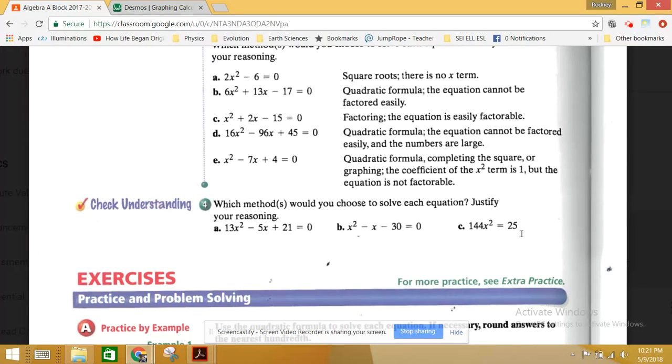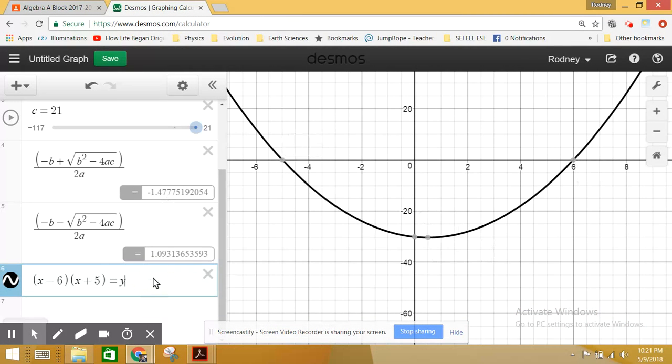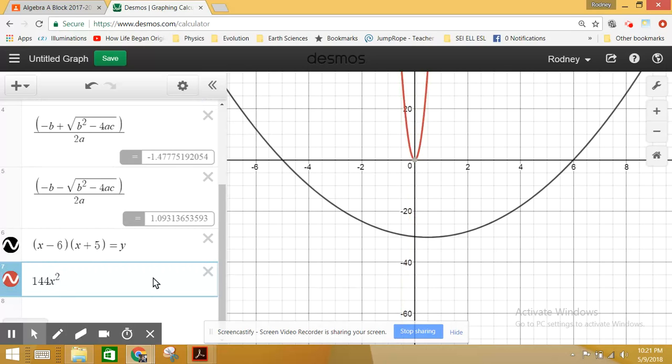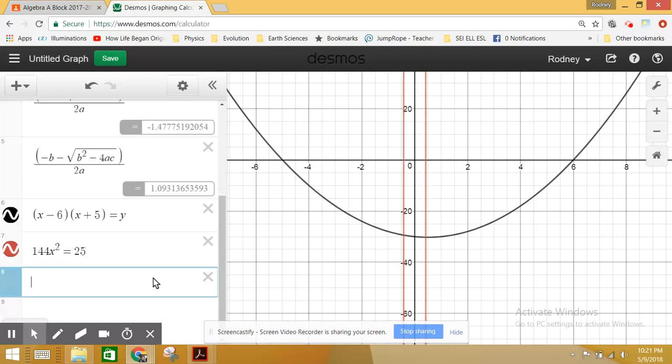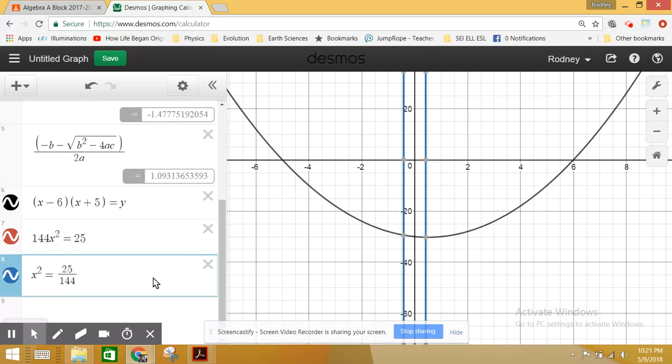So the last one here, 144x squared equals 25. In this case, I'm going to just use a square root approach. I'm going to divide both sides by 144 first. So I've got 144x squared equals 25. I can rearrange that into x squared equals 25 over 144.